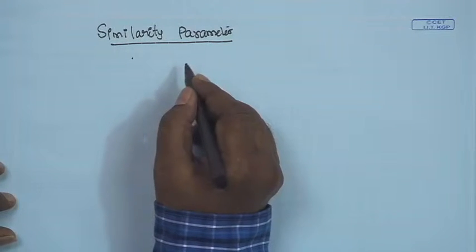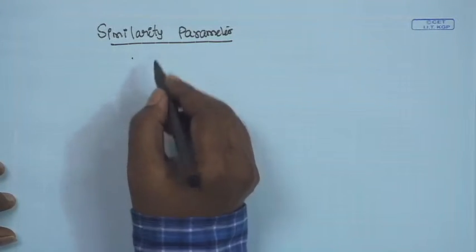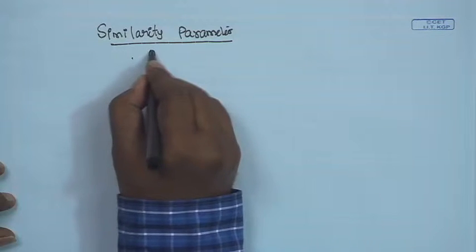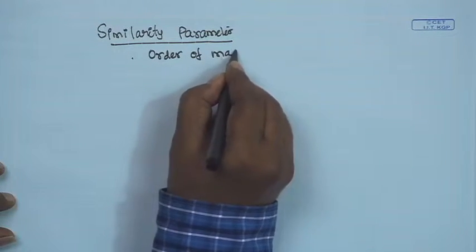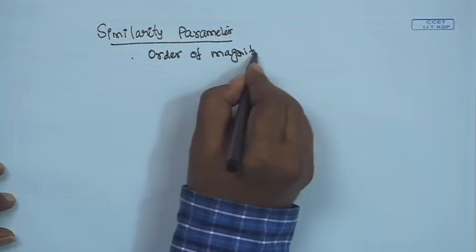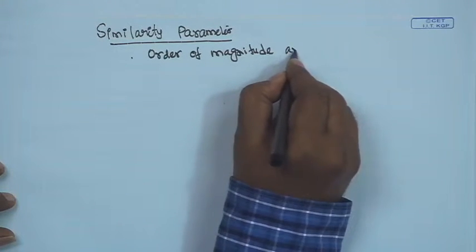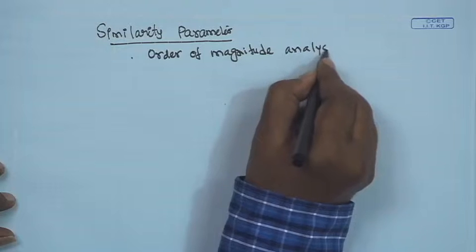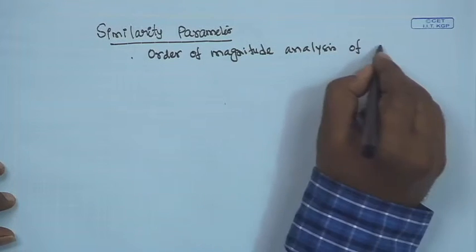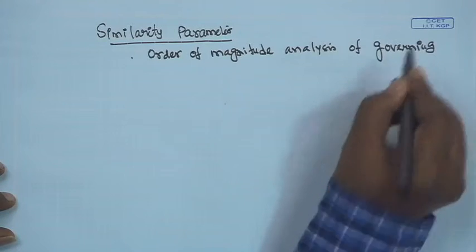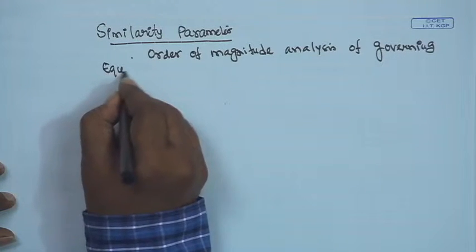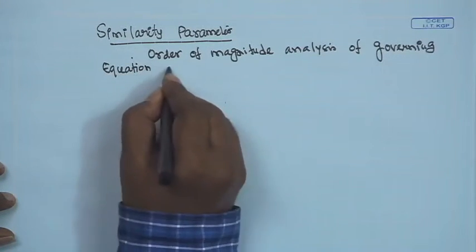The similarity parameter can be obtained if we do an order of magnitude analysis of the governing equation at the edge of the boundary layer.